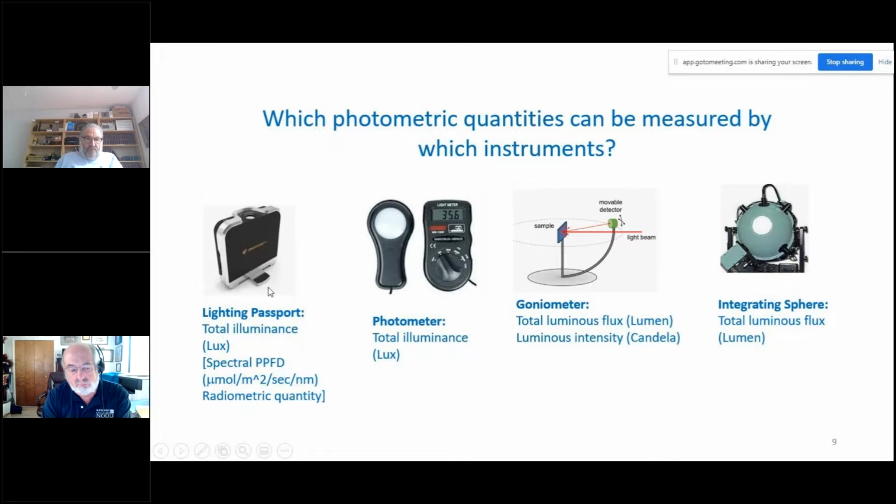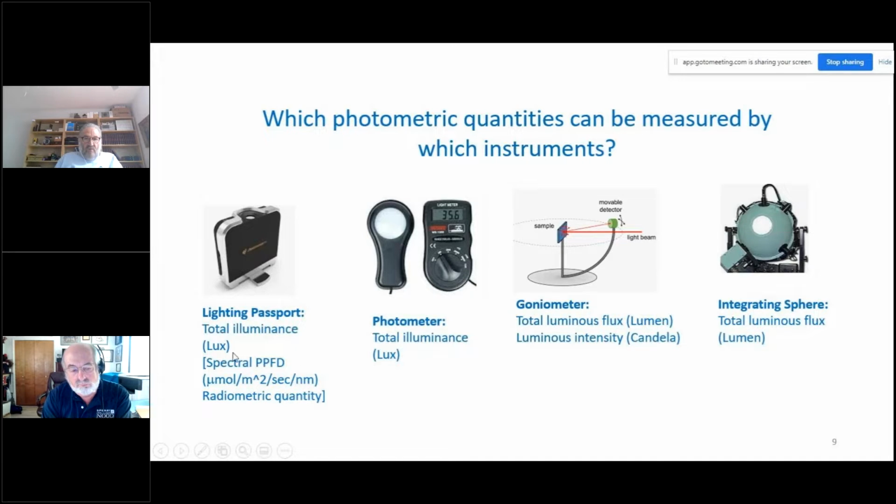I should also mention that it could also measure the spectral PPFD, the photosynthetic photon flux density, in micromoles per meter squared per second per nanometer. This is a radiometric quantity, but I wanted to mention this because the other photometer cannot measure this.